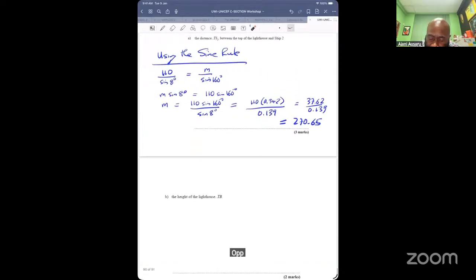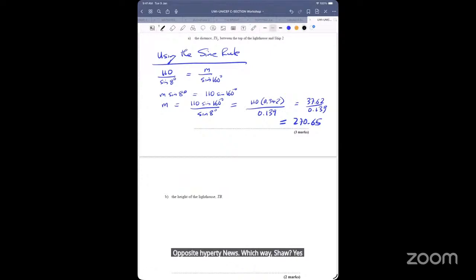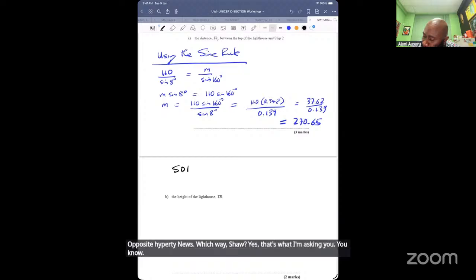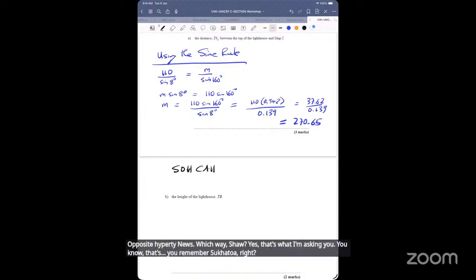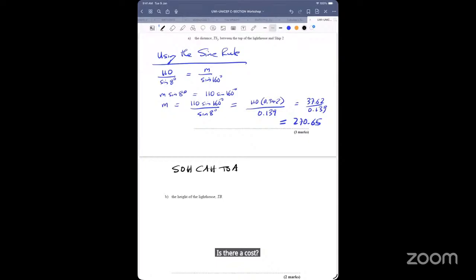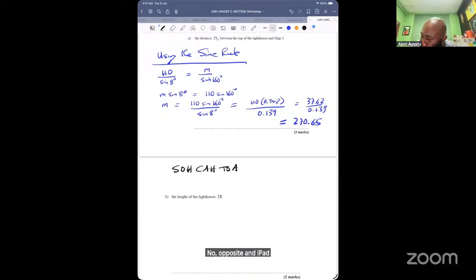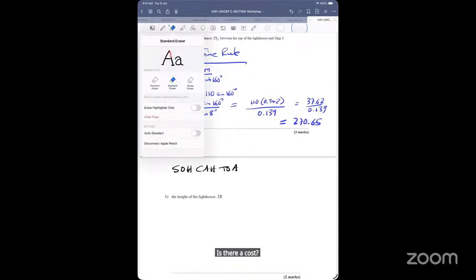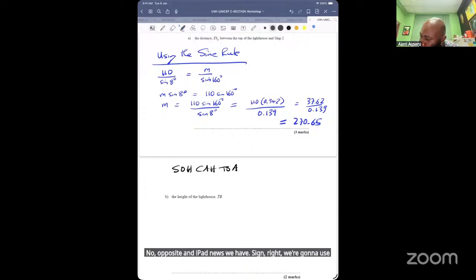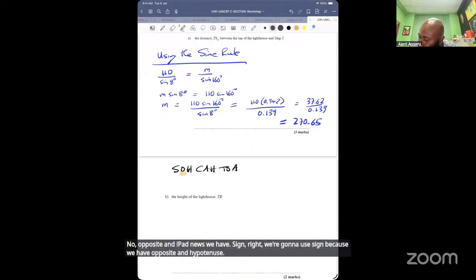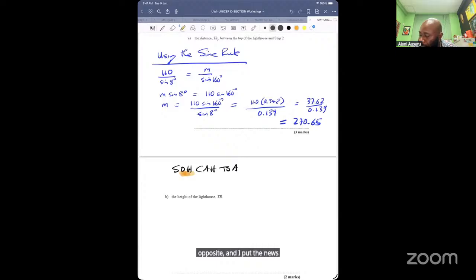Opposite, hypotenuse. Which ratio? Sine, sir. Yes, that's what I'm asking you. You remember SOHCAHTOA, right? We're going to use sine because we have opposite and hypotenuse.